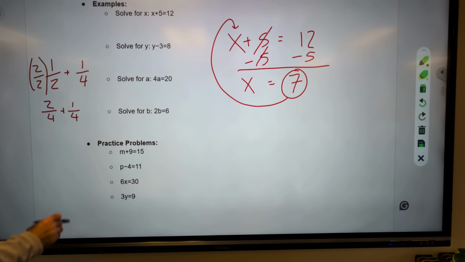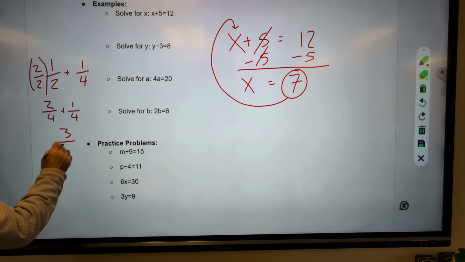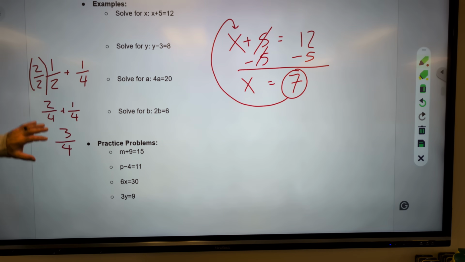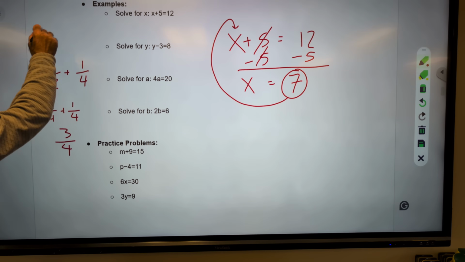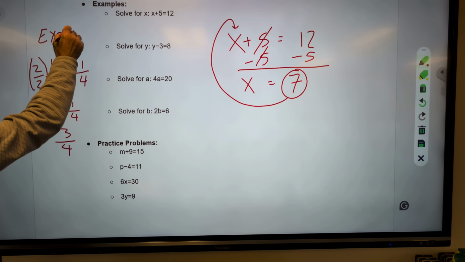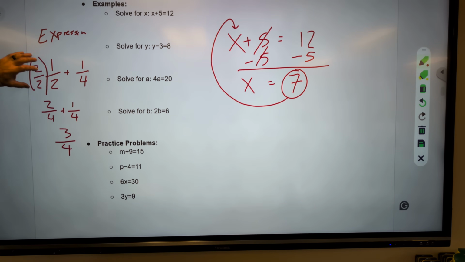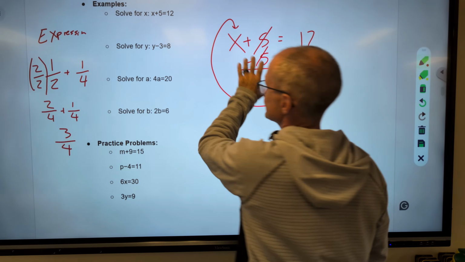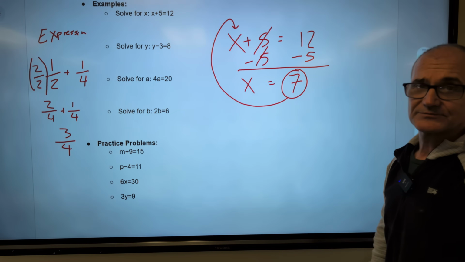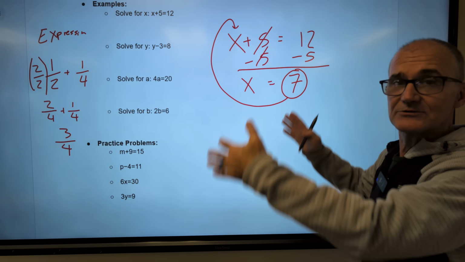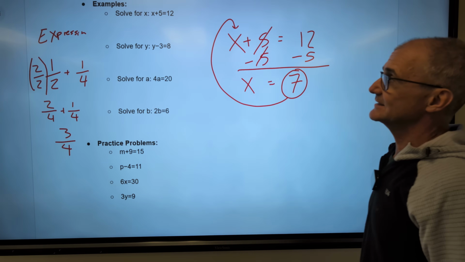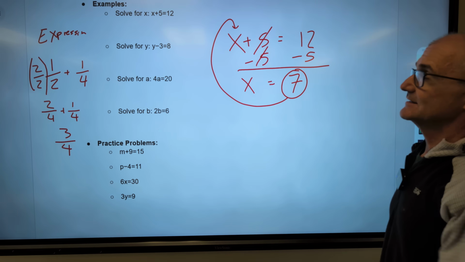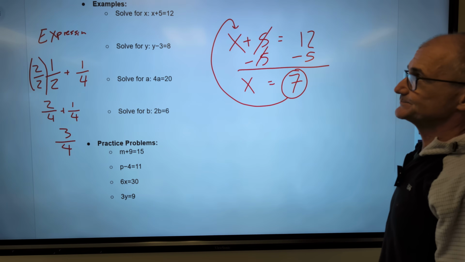I have that common denominator. I add across the top and keep the bottom the same. With expressions, the only thing I can really do is multiply by these factors of 1. With equations, I can do whatever I want as long as I do it equally on both sides of the equal sign.